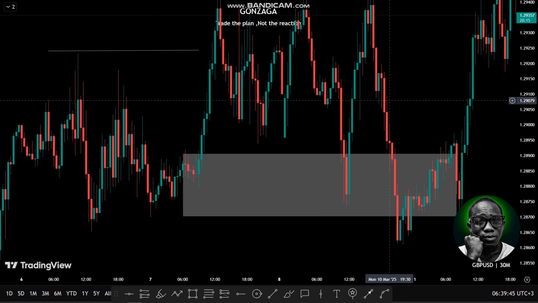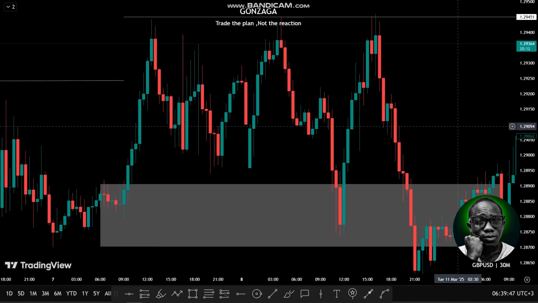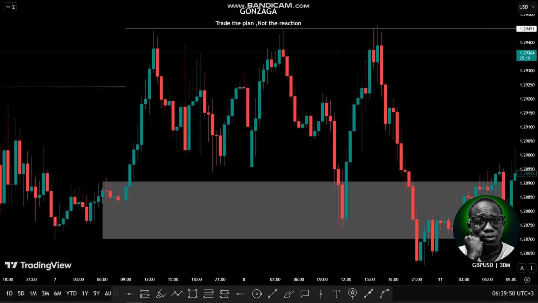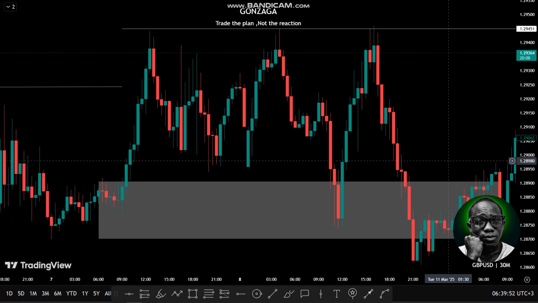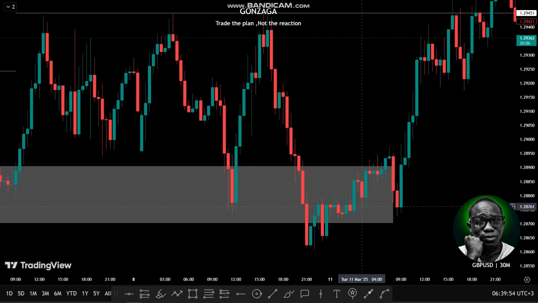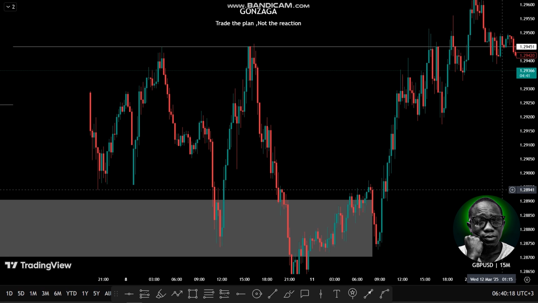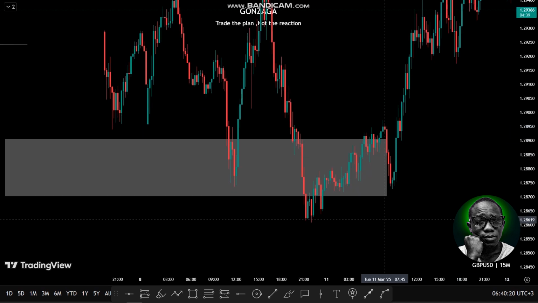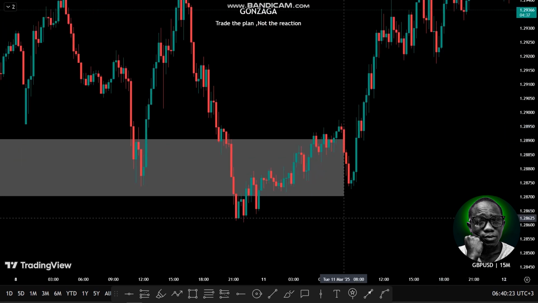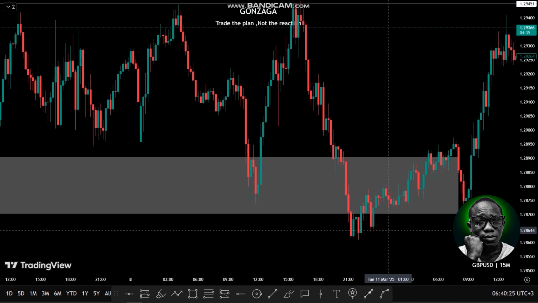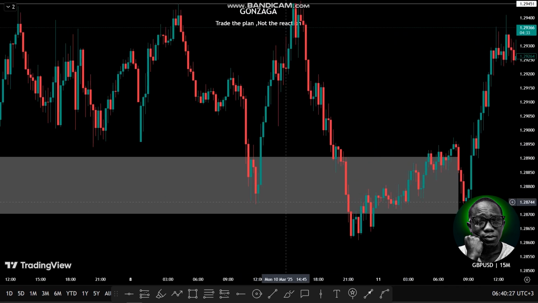So when the market came into my point of interest, I always go into my 15-minute to get an entry. When the market comes into my demand zone, I always take my entries off fair value gaps.